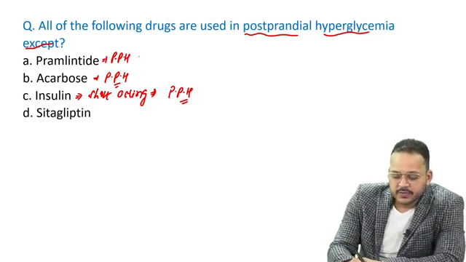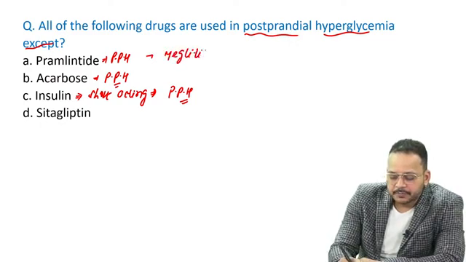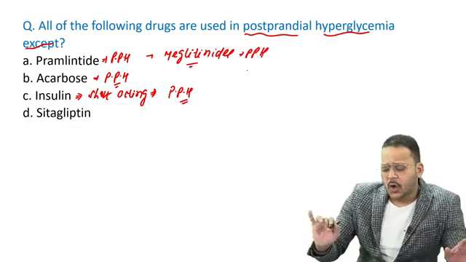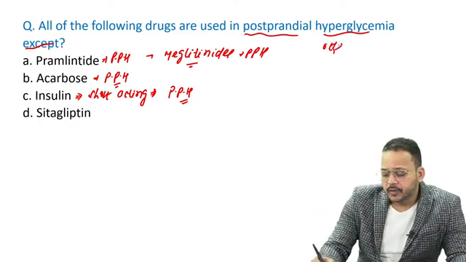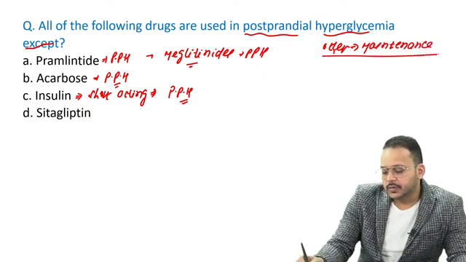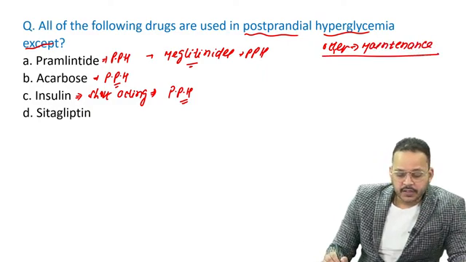What else do I use in postprandial hyperglycemia? I also use meglitinides in postprandial hyperglycemia. All other drugs are used in maintenance. So there are only these three drugs used.